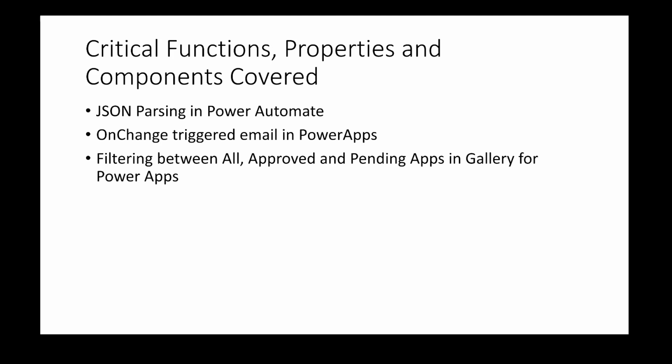Another one of the functions we will be using will be triggering emails when a component in Power Apps changes, and then creating a way in which you can filter all applications and look just at the approved or pending ones in a gallery in Power Apps. So let's go ahead and start our build.